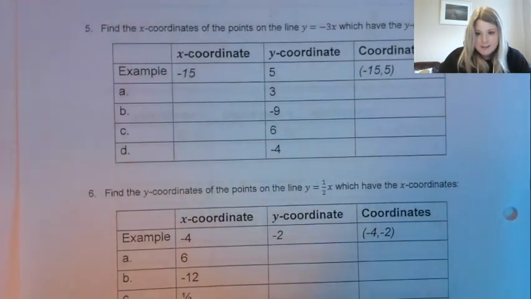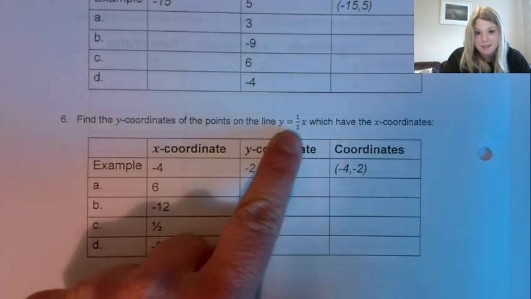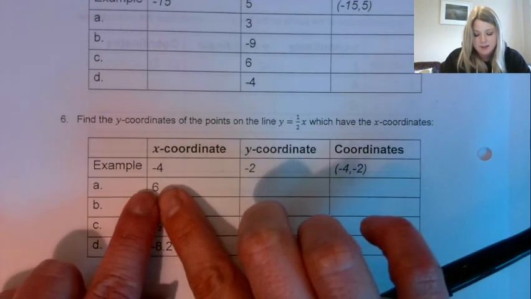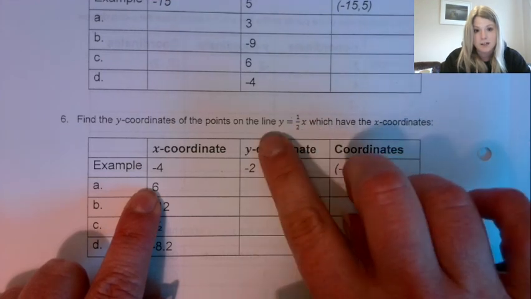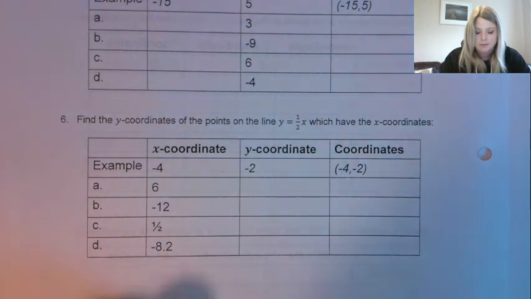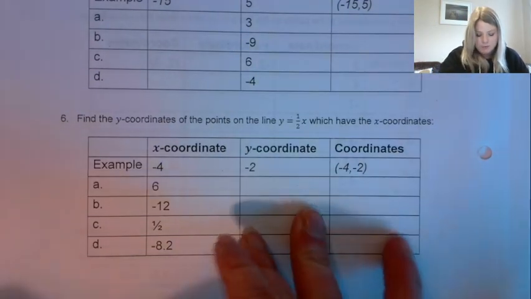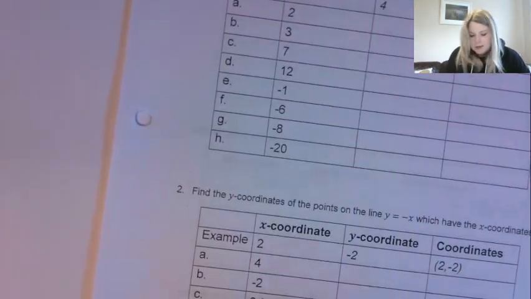And then 6. So find the y coordinates in the line y equals a half x. So substitute in x is 6 into here and figure out what you get for y, and then fill in your coordinates. Always x first and then y. Okay. So just to recap, maybe I'm a bit late recapping now. Where's my notes?